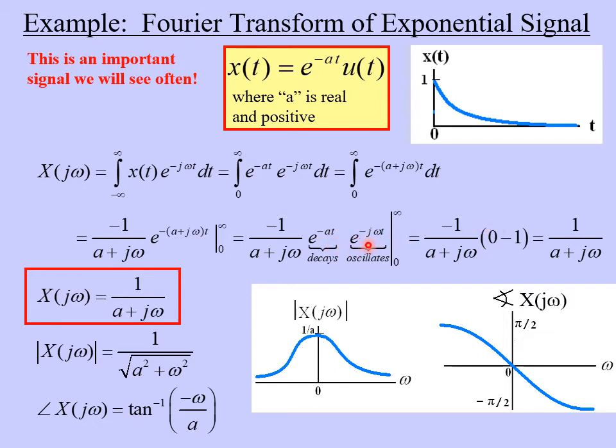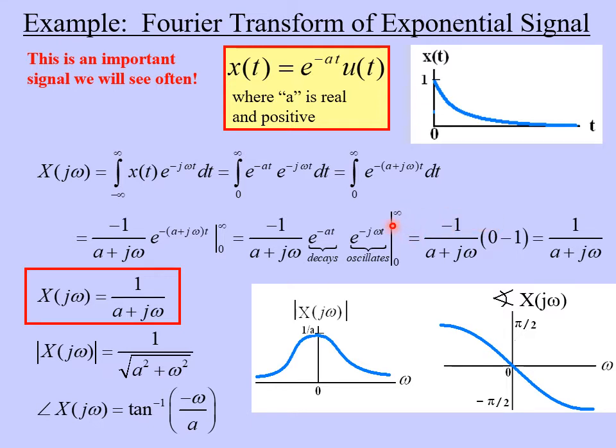The other part, e to the minus j omega t, well, remember, this is just an imaginary exponent exponential function which oscillates. If you use Euler's formula, for example, this thing has a cosine and a sine term, so it's just wiggling back and forth. But the key thing is this part out in front is going to go to 0 when we plug infinity in for t. So that forces this to be 0.